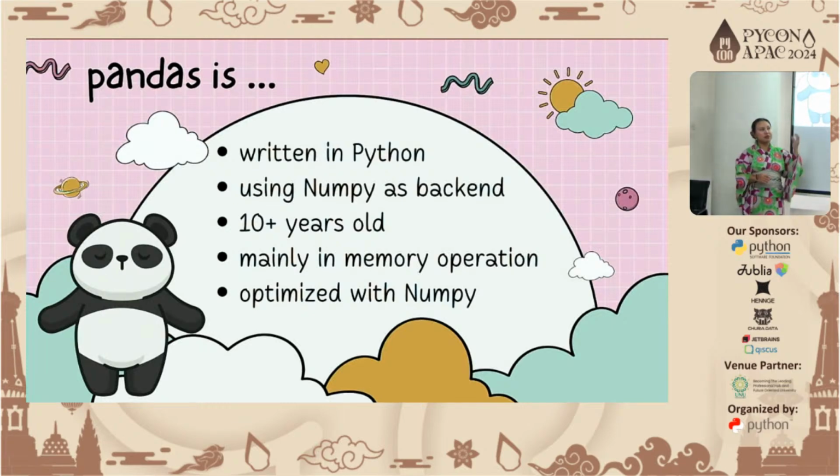However, because it uses NumPy, and NumPy uses a lot of C extensions for its operations, it's always faster to use the function provided by NumPy instead of the Python built-in function.